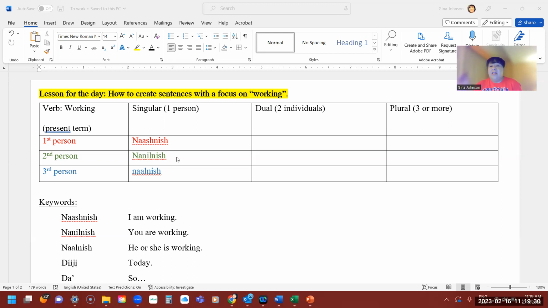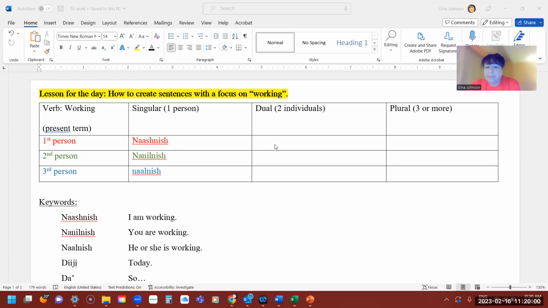Nalnish. Noshnish, nanilnish, nalnish. Pay attention to the word here where this has the NIL, nanilnish. The last one is long, nalnish.